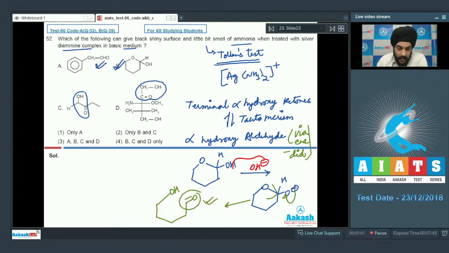So these two species will also give the positive Tollens test. So if we look at the options, we can see that all four of these species give the positive Tollens test, and we have to select option 3 as the correct answer to this question. Let us look at the next question now.